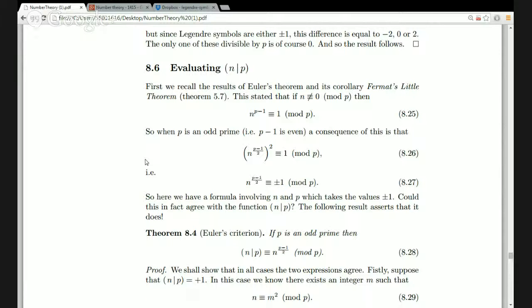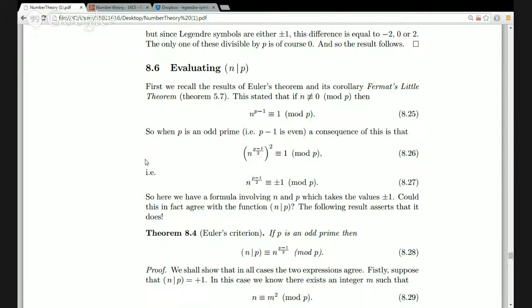Well, then you can see straight away that you're going to get plus 1 as expected, because then n to the power p minus 1 over 2 is going to be congruent to m squared to the power p minus 1 over 2, and the 2's cancel. This is already a square, so this is congruent to m to the power p minus 1. And Fermat's theorem tells us that that is congruent to 1 modulo p.